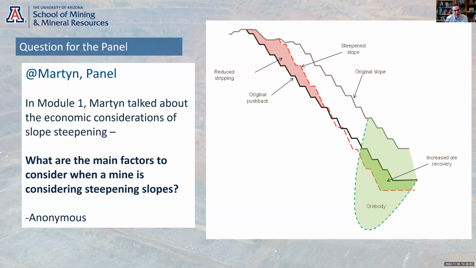I really like earlier that Derek mentioned that a 100-meter double bench failure or a 30-meter double bench failure can be just as dangerous as a 200-meter failure. So in this example here, it's also interesting that the original mine design had single benching, but the red design has double benching, which brings in a whole other set of risks that would need to be evaluated when looking at something like this. Slope steepening is never free. Yeah.